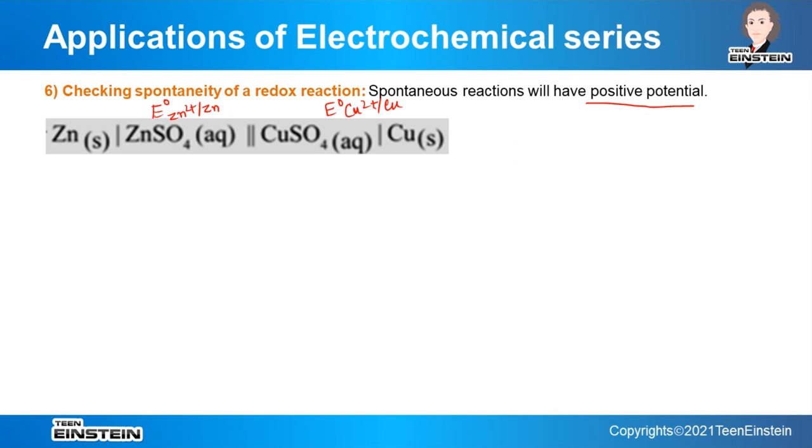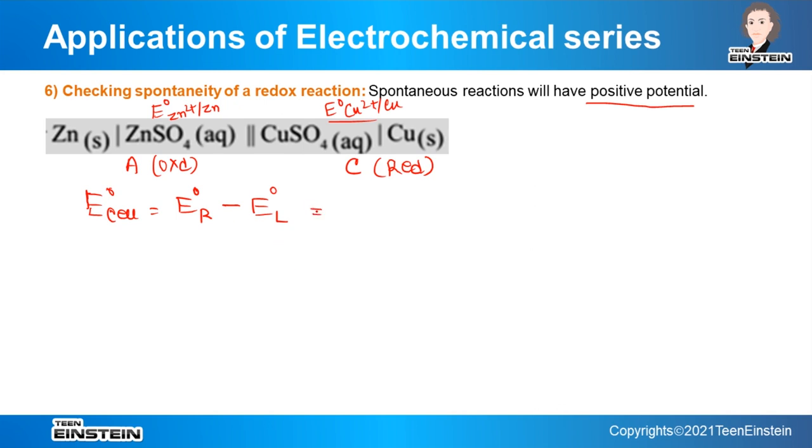First we will take the reduction potential in the cathode system. In the cell representation, on the right hand side there is always the cathode, and on the left hand side the anode. Here oxidation is going on, here reduction is going on. So we find E naught of the cell from E naught of the right hand side, that is the cathode, and E naught of the left hand side, that is the anode.